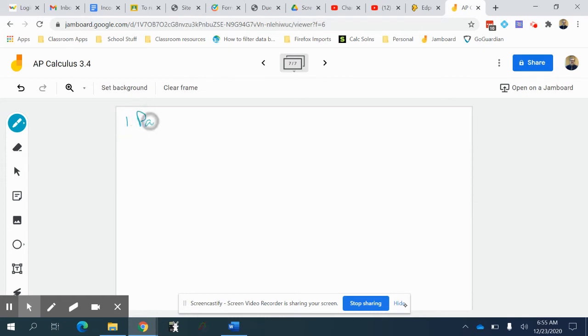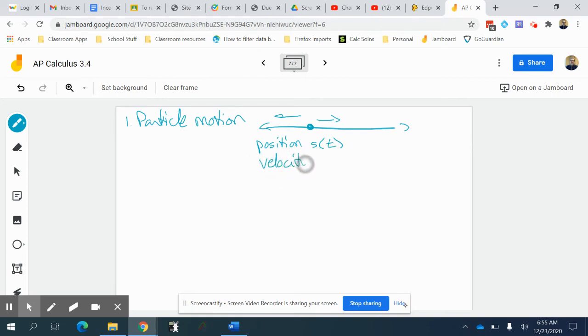We looked at particle motion. Particle motion is generally back and forth on some line. You've got some particle and it can go back and forth. What do we need to know? That we have position s of t, that the velocity, which is directional, v of t, is the first derivative of position, and acceleration, a of t, is the first derivative of velocity, which is the second derivative of position.